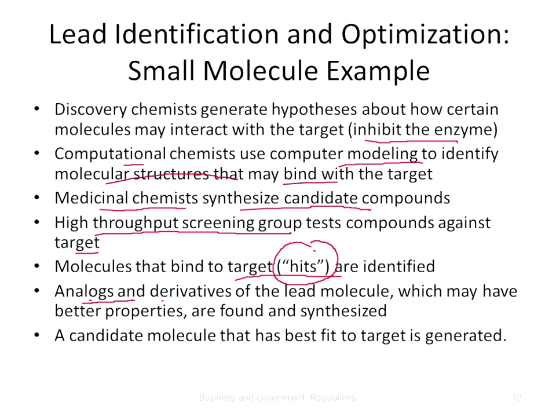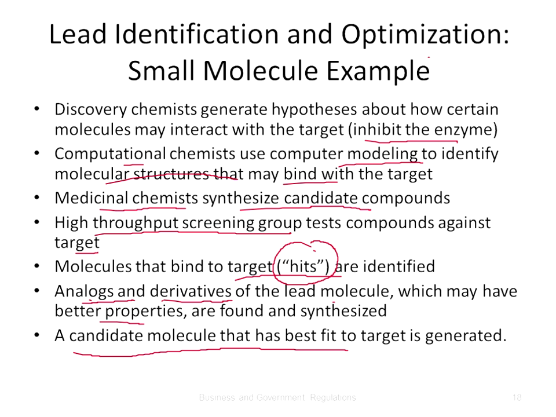That means slightly different structures but similar compounds, or derivatives of the lead molecule that may have better properties. So what you're doing is optimizing the lead, right? And so after optimization, you have identified a candidate molecule that has the best fit to the target. So this is called lead identification and optimization.